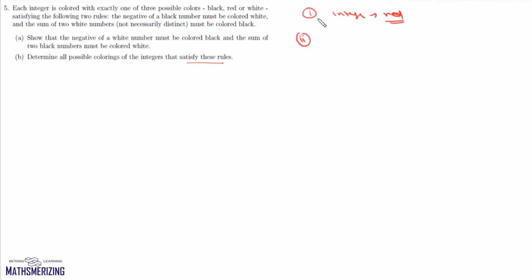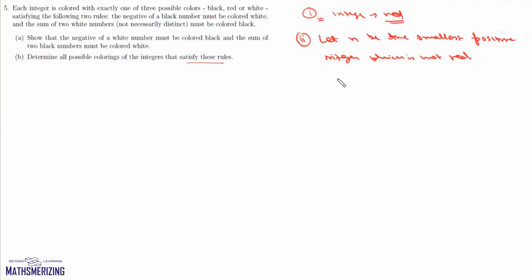Now, suppose all the integers are not red, then some of them they'll be black, some of them they'll be white, and then others will be all red. So what we'll do is we'll assume that let n be the smallest positive integer which is not red.